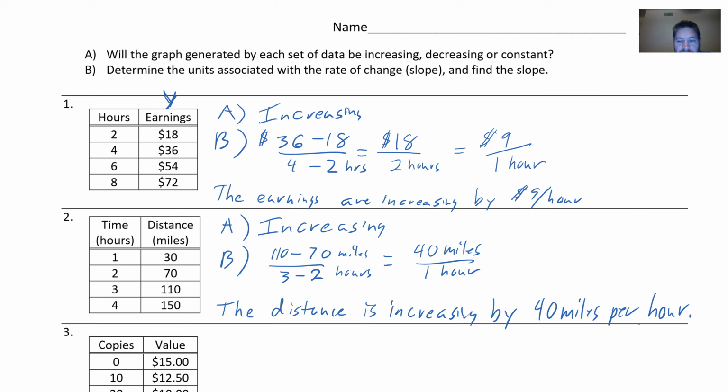And there you have it. So what I want you to do now is hit pause so the answers don't just appear. Try the rest of these problems, and then when you're ready to see if your answers are correct, undo your pause button. All right, so hit pause now.